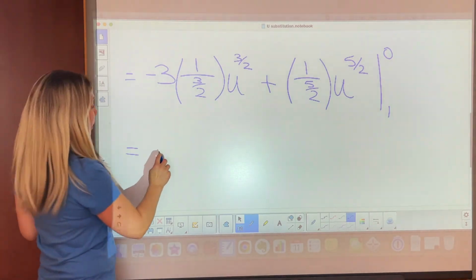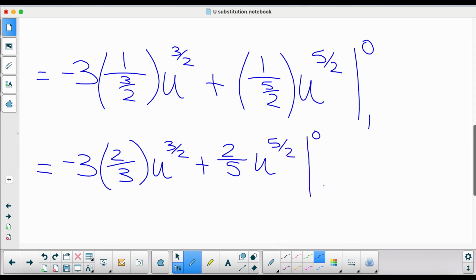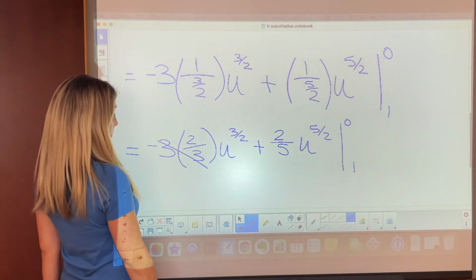Let's go through and clean this up. -3 times 2/3 u to the 3/2 plus 2/5 u to the 5/2 evaluated from 0 to 1. And that's nice. Those two drop.